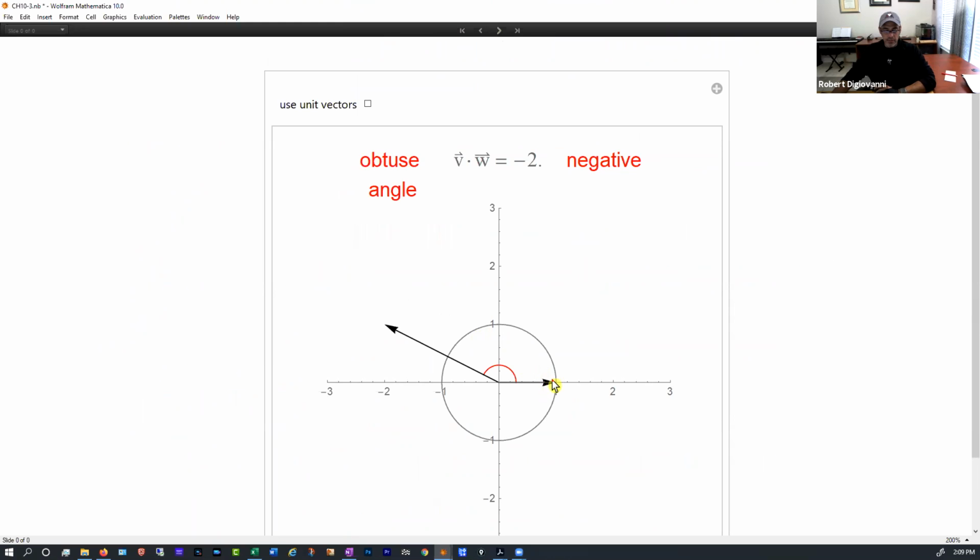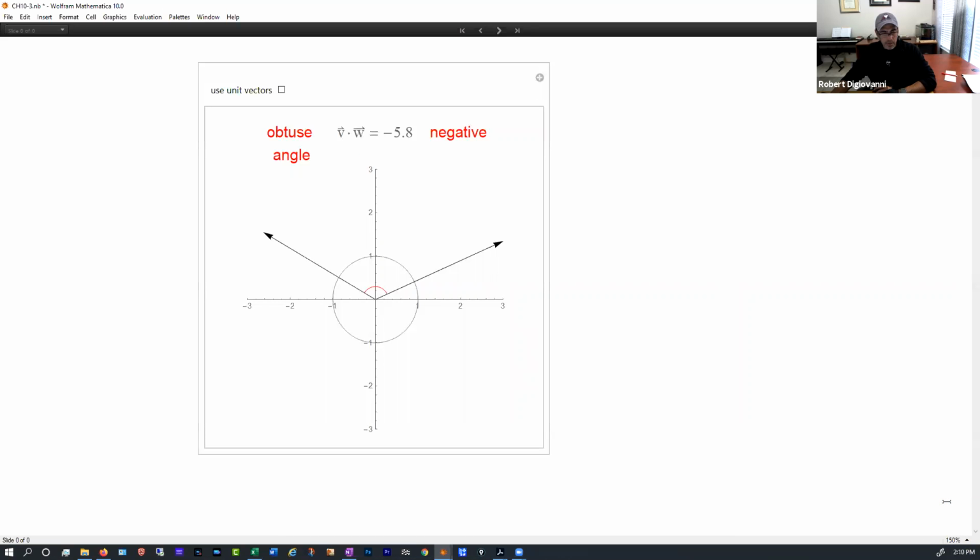Here are two vectors. Here's this vector, here's another vector. Right now I have the computer calculating their dot product for us. So this is the actual dot product right here. Right now the dot product is negative 5.8. Watch what happens as I move this vector around, as it becomes closer to orthogonal, closer to perpendicular.